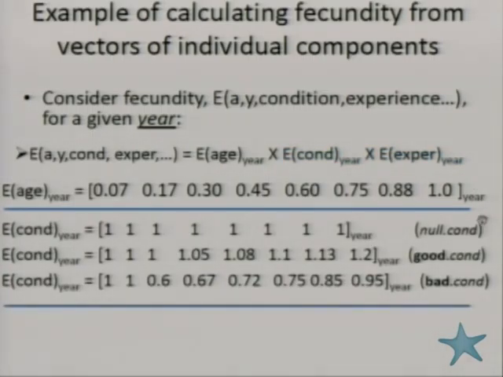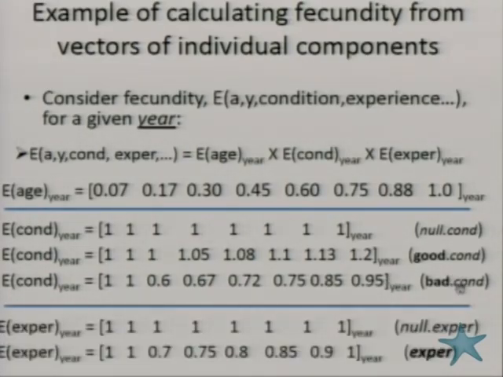So here's condition, multiply it by 1 if there's no effect. If it's good condition, it should be greater than 1, and if you have a bad condition, less than 1. And then I have a trend related to age. And then for experience, again, the effect of no experience versus if experience matters, then the fewer times you have spawned, the lower your realized fecundity would be.